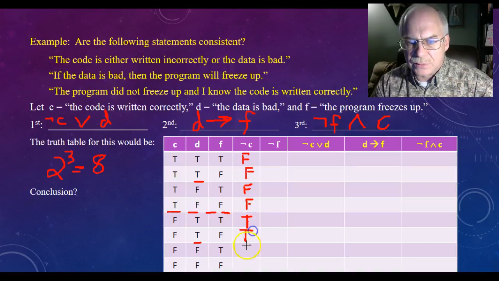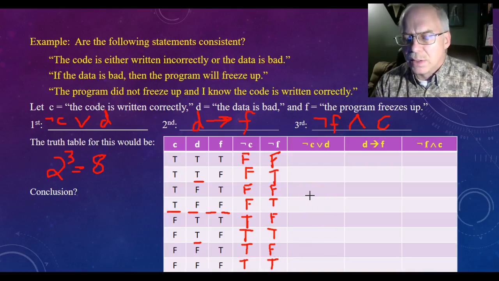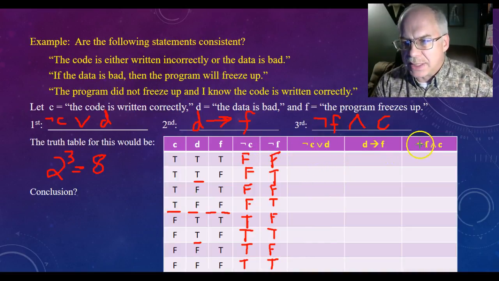Okay, and then I'm also going to do not F. Now not F is going to be F, T, F, T, F, T, F, T. Okay, this would be easier if I was doing ones and zeros. But all right, so we've got the negations. I needed the negation of C and the negation of F because they're used in the statements.